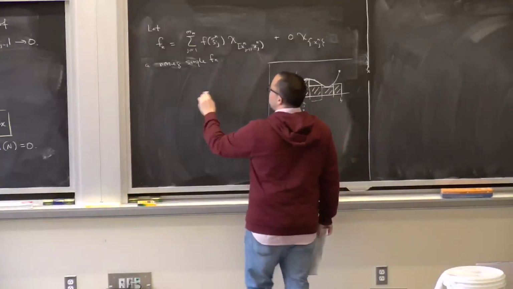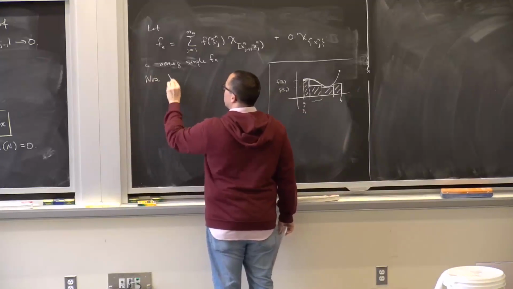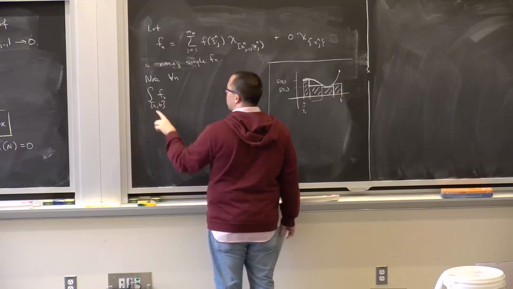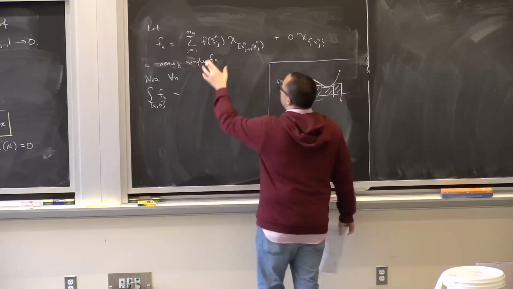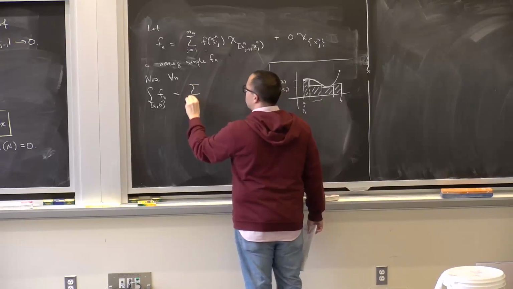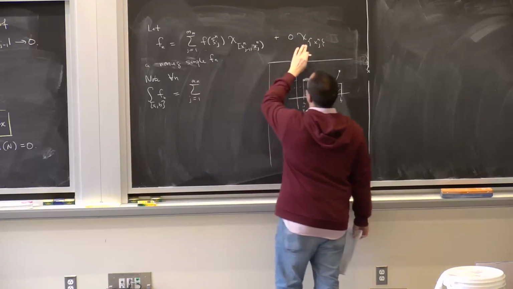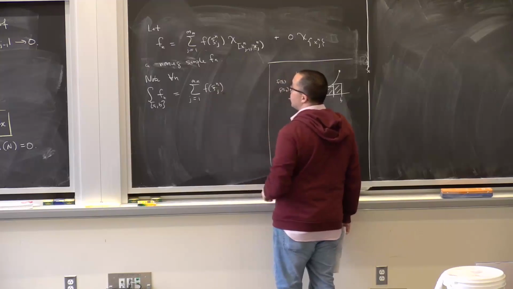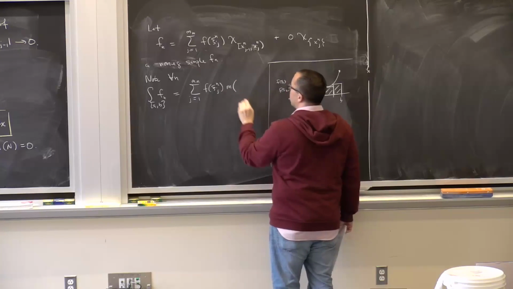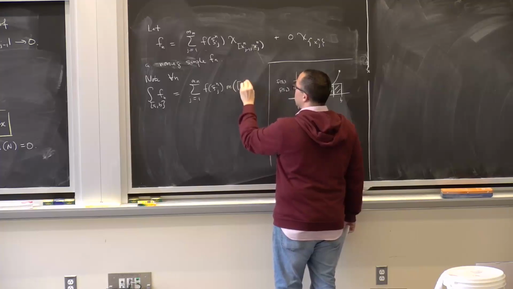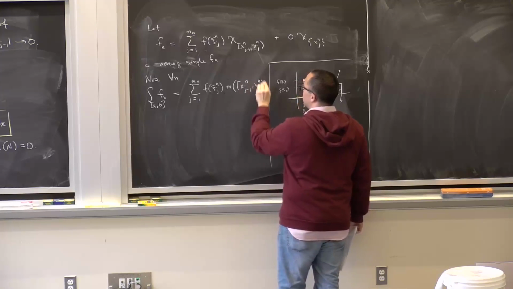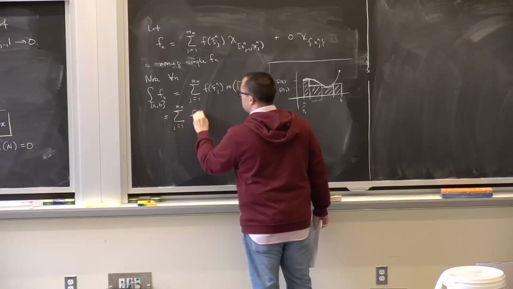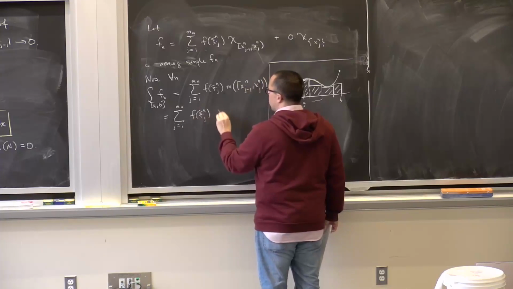Now, we can just do this now. Note, if I look at the Lebesgue integral of Fn over AB, this is equal to the sum from j equals 1 to m sub n. This is a set of measure 0, so it doesn't contribute. F of xc(j) n. These are all non-negative numbers because f is non-negative, times the measure of the interval xj minus 1n, xjn.